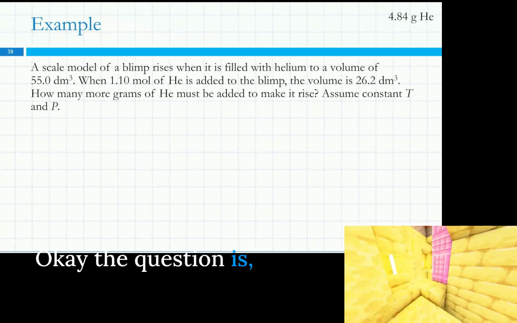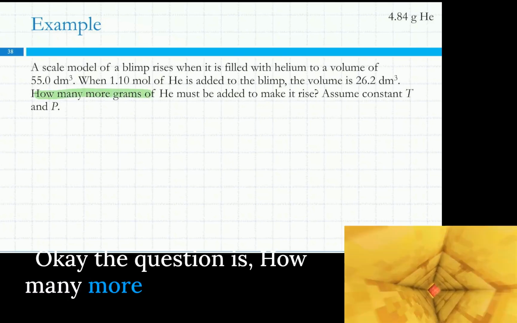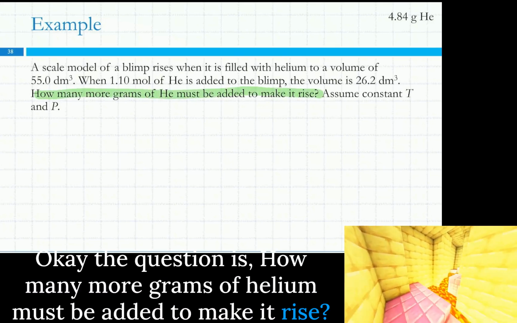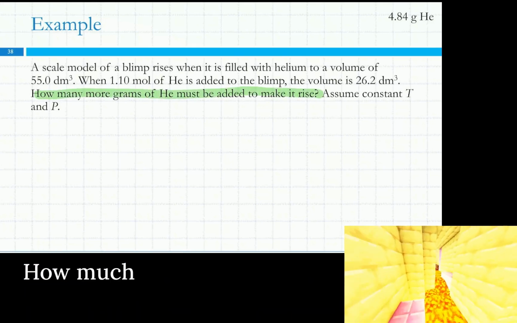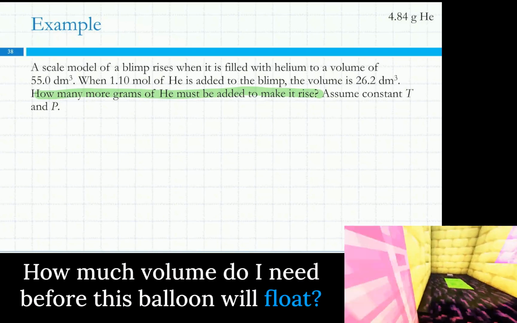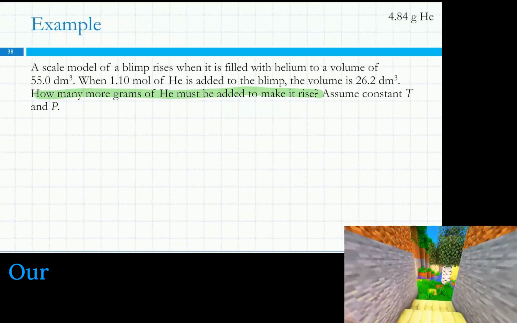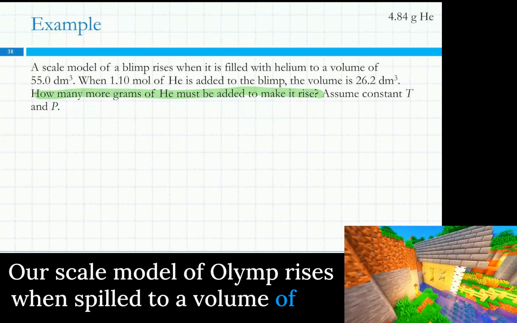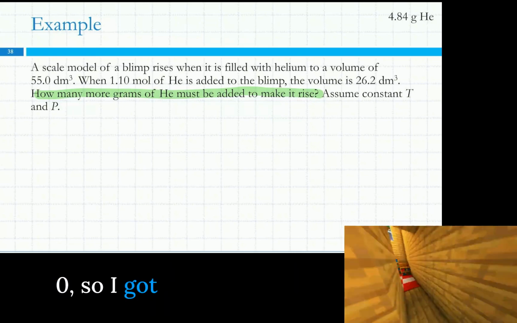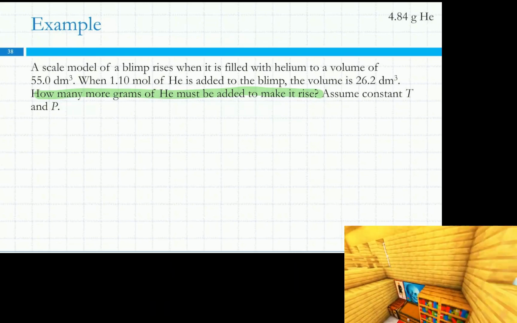Okay, the question is, how many more grams of helium must be added to make it rise? How much volume do I need before this balloon will float? Our scale model of a blimp rises when it's filled to a volume of 55.0. So I've got to get to 55.0.